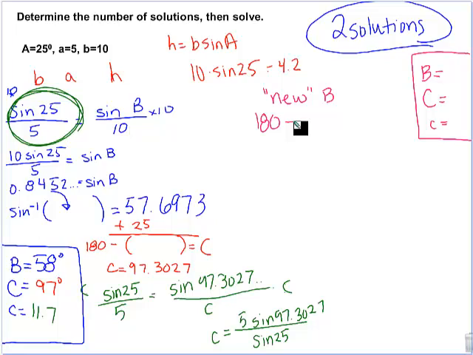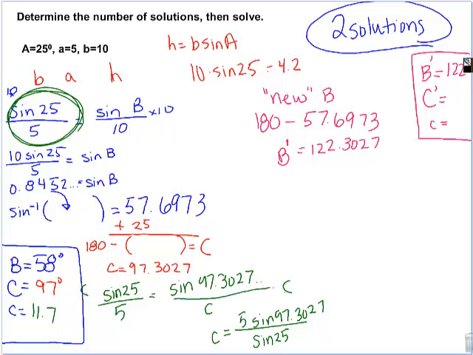We wrote down what it was to the nearest 4 decimal places, so we have it already. So we would do 180 minus 57.6973. And what do we get for our new angle B? I'm just going to write it with a prime symbol, that way we have something different. We get 122.3027, so 122 degrees for our final.